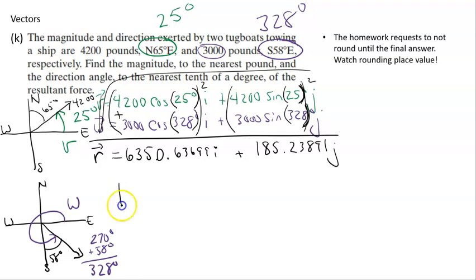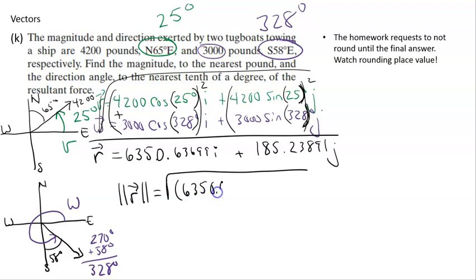Now, we're supposed to find the magnitude of this resultant vector, which requires us to square those numbers. It's a lot to write. 6,350.63699 squared, plus 185.23891 squared. Now again, this one says round to the nearest pound.